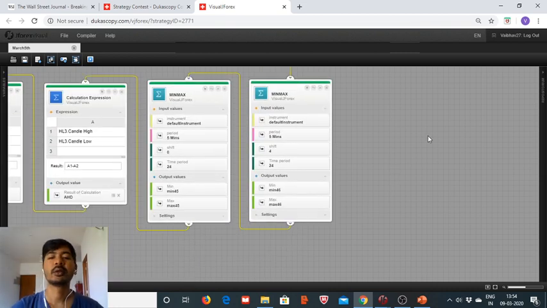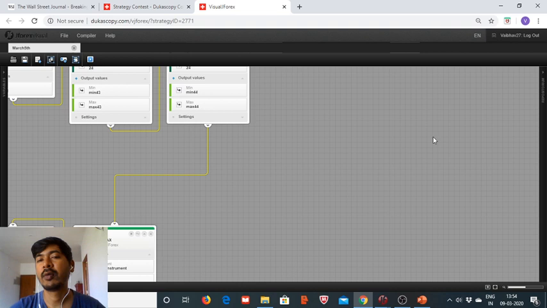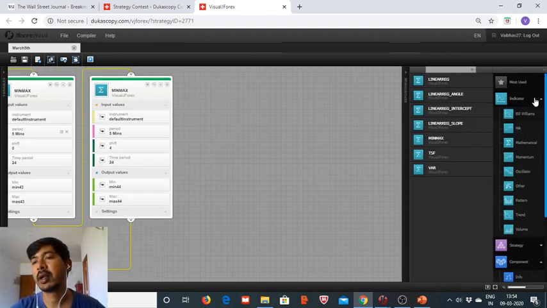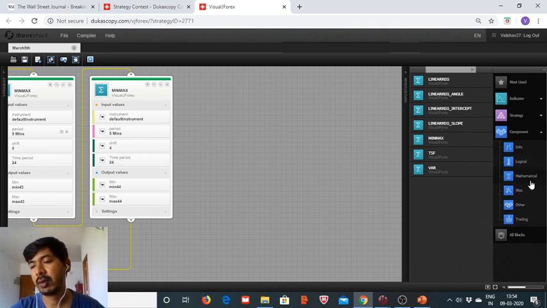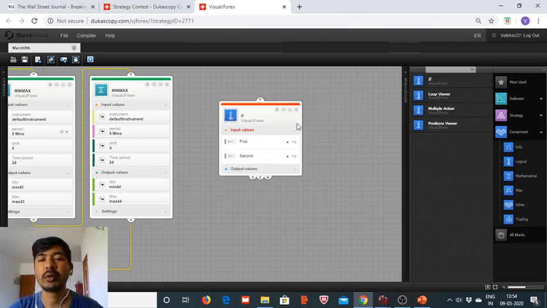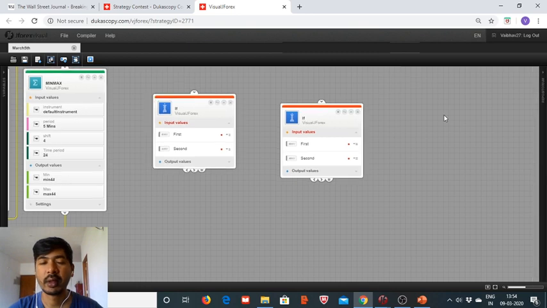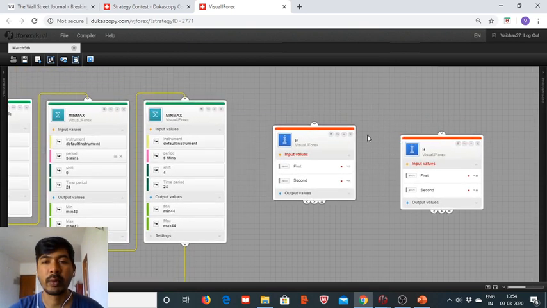So that's it. Now we need to bring in two if blocks, one for the buy side, another for the sell side, and we will be almost done. And then we will do the test run to see what kind of trades the algorithm is executing, and if we need to do further optimization.